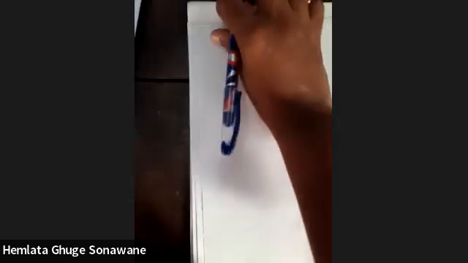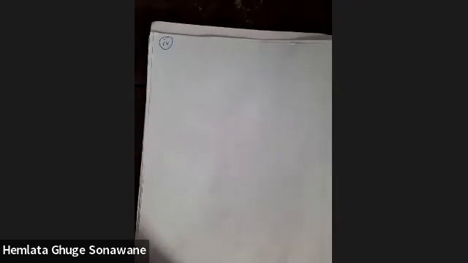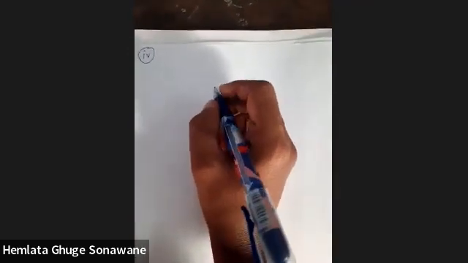We'll take the fourth example of question number 2. The lengths of sides of a rectangle are 5 centimeter and 3.5 centimeter. Find the ratio of its perimeter to area. Now what is the formula to find out perimeter of a rectangle? Length and breadth are given.